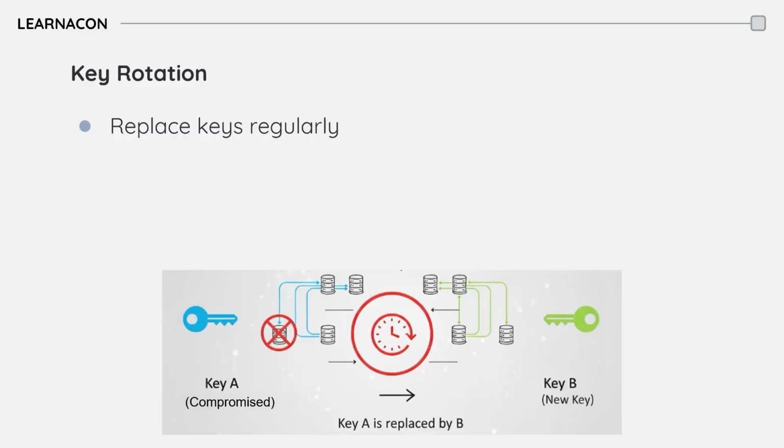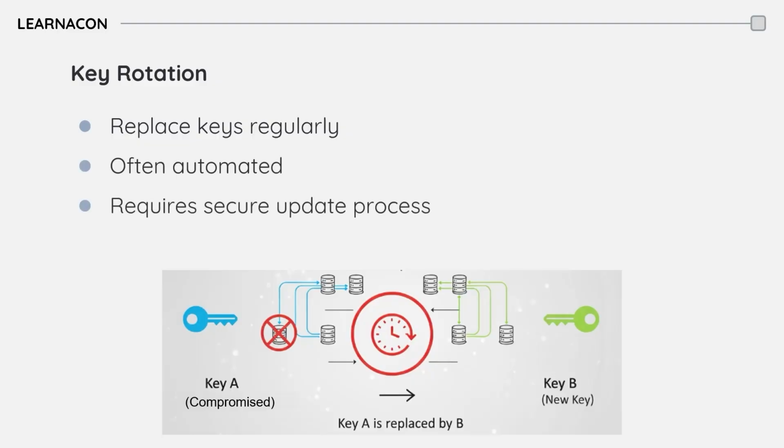In IoT, this process is often automated and happens quietly in the background using secure updating processes. It helps limit the damage if a key is ever leaked and keeps your system one step ahead of attackers. Regular rotation is a simple way to boost long-term security.